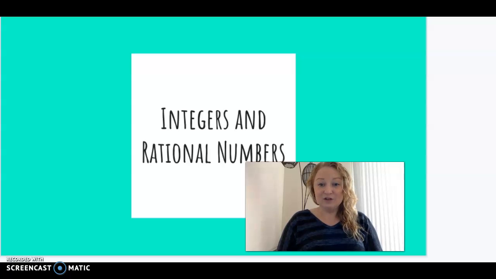And then rational numbers include integers, but also a lot more. Rational numbers are any number, positive or negative, that can be written as a terminating or repeating decimal as well. So, for example, 1/3 would be a rational number because we could represent that as 0.3 repeated.